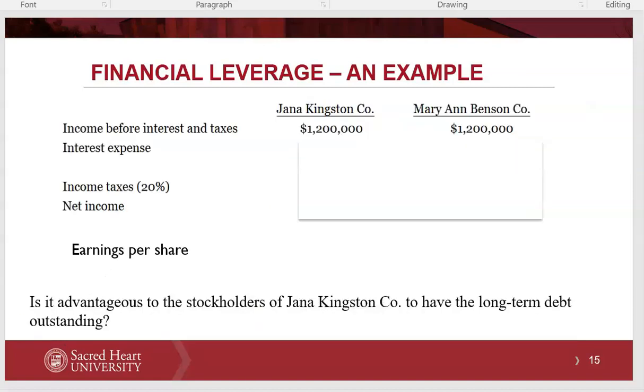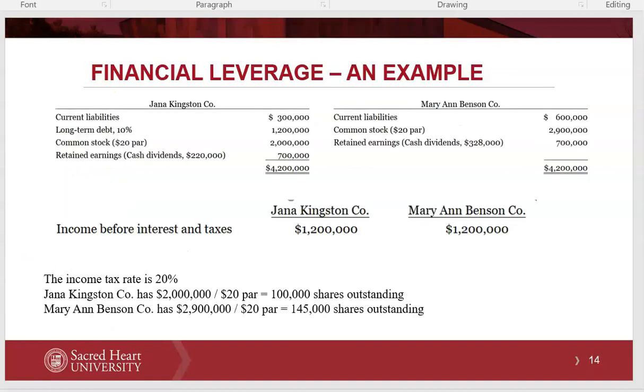Now let's take a look at how the income statement would differ below the operating income section for the two companies. Interest expense depends on how much debt the company has. So if I go back, I see Jana Kingston has long-term debt of 1.2 million at an interest rate, it says here, of 10%.